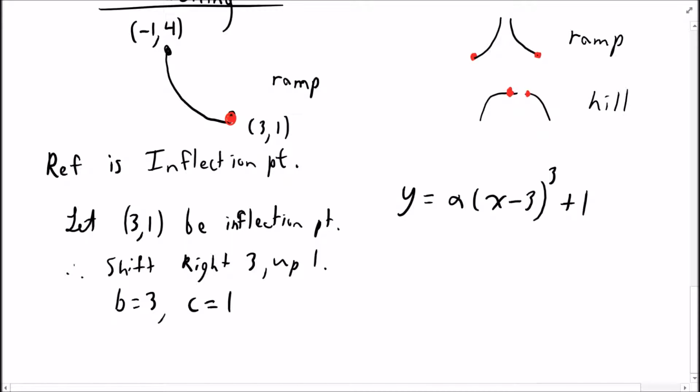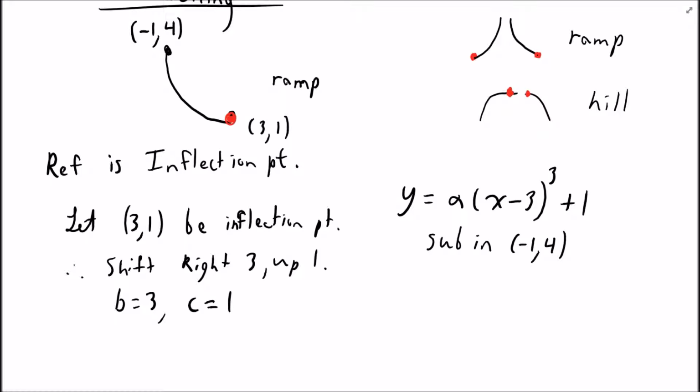So far we've got a cubic with an inflection point of 3, 1, but we haven't forced it to go through the point negative 1, 4. So by subbing in the point negative 1, 4, we are making it go through that point and therefore getting the equation that'll go through those two points. So we're going to sub in negative 1, 4.